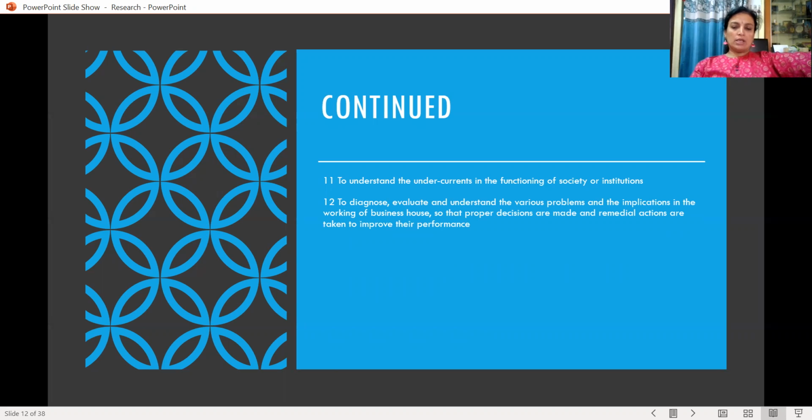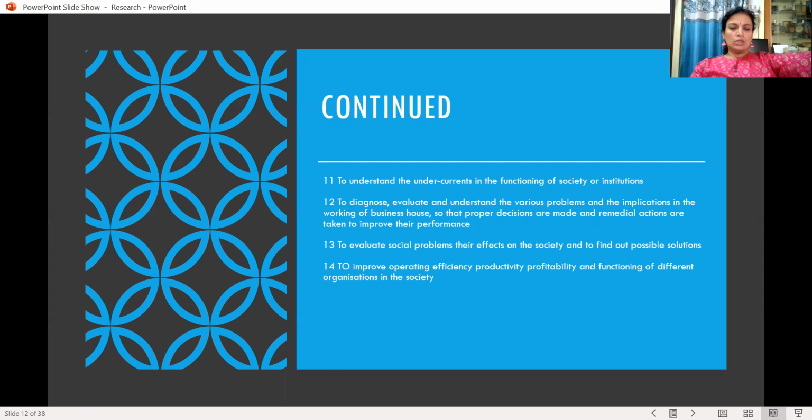To diagnose, evaluate, and understand the various problems and the implication in the working of business houses so that proper decisions are made and remedial actions are taken to improve their performance. To evaluate social problems, their effects on the society, and to find out possible solutions.